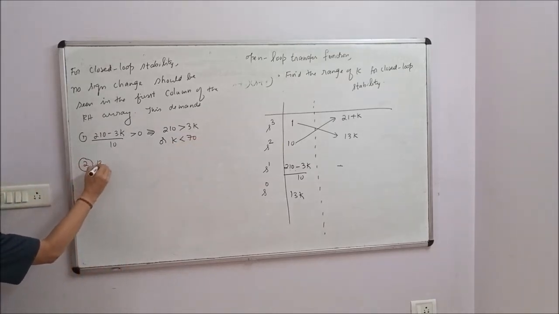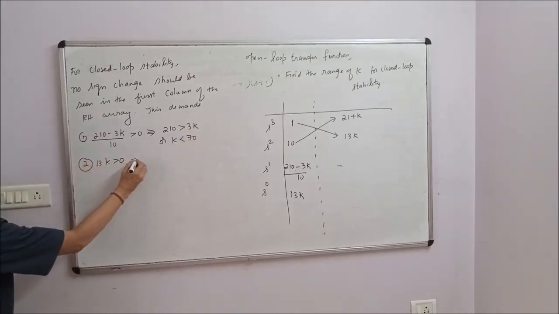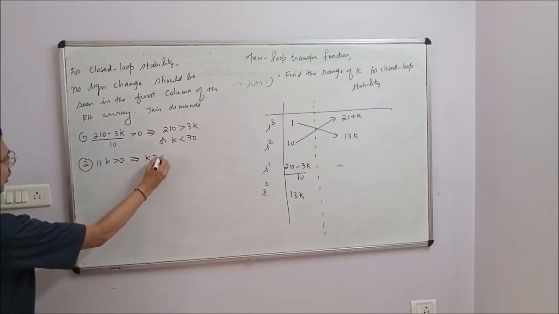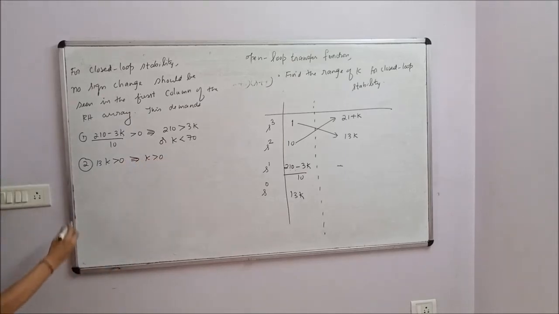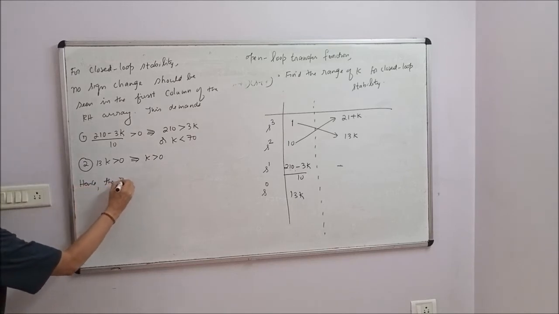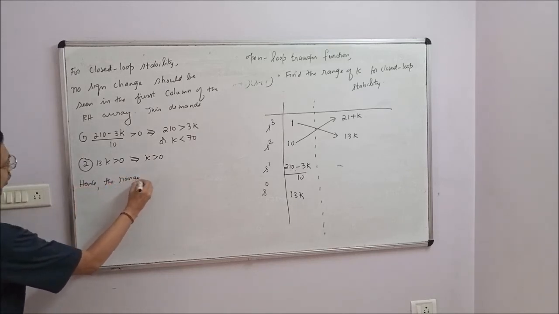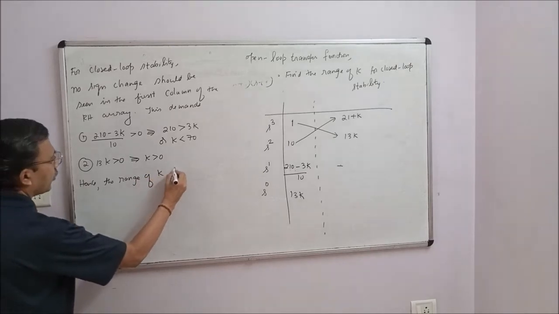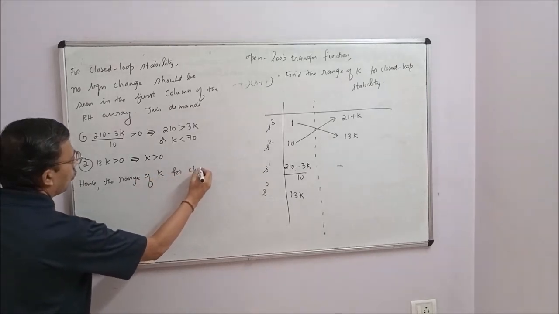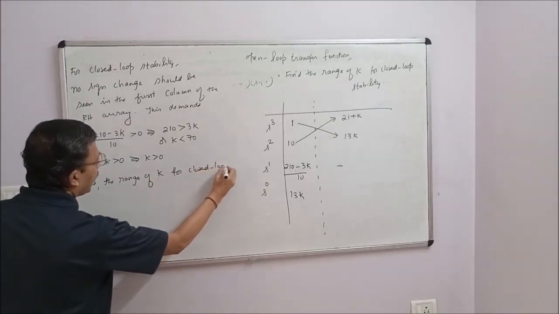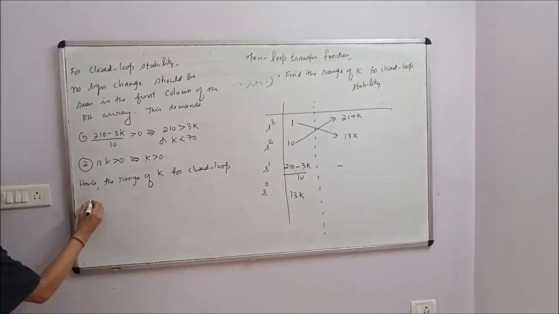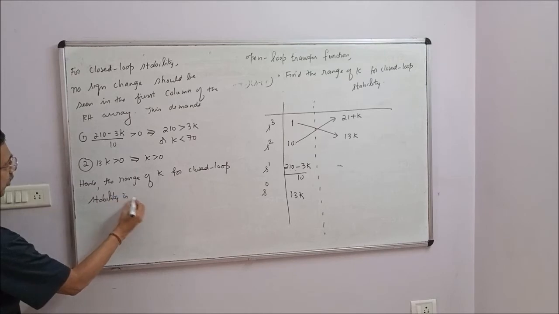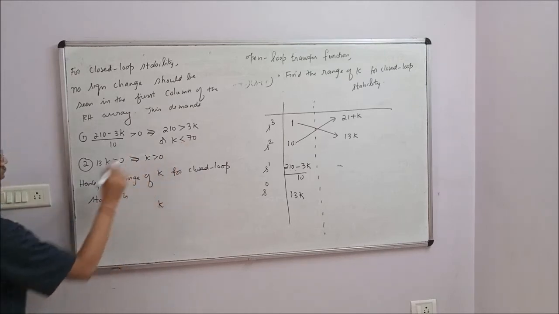Second one is 13K greater than 0. This implies K greater than 0. Hence, for the range of K for closed loop stability, both these conditions must be true.